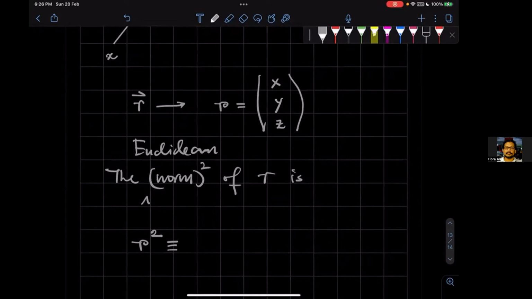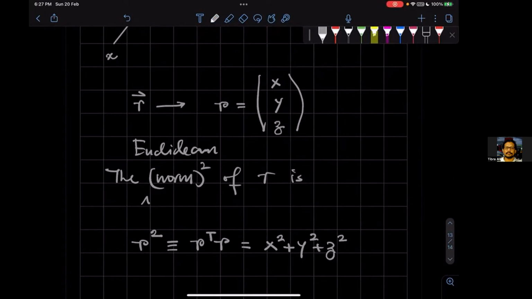Can someone tell me? R transpose R. And that is x squared plus y squared plus z squared, right? Do we have any questions?